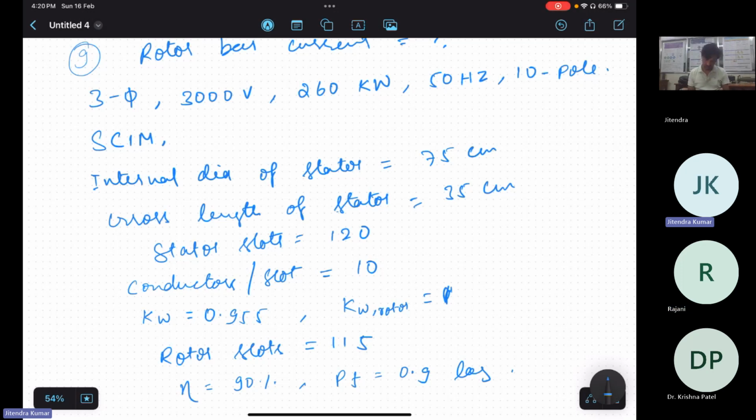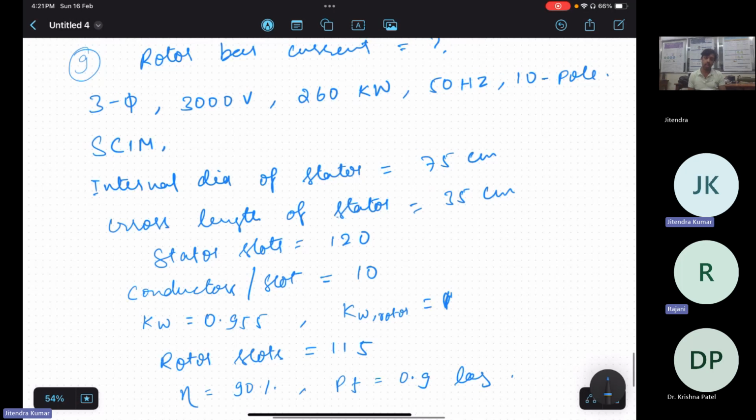The first thing is that we should calculate the stator current, right? Since we are given all parameters, we can calculate the full load stator current. If you are not given the losses, you can approximate how much of the stator current is going to the rotor.